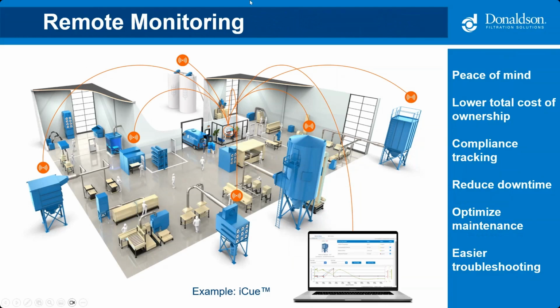We also wanted to mention that many dust collector manufacturers are now offering the ability for operators to monitor their systems remotely. At Donaldson, we call our remote monitoring system IQ, which essentially makes the dust collector smart. This allows customers to maintain their collectors remotely, which could be for a single collector, a single location, or larger companies that have multiple collectors in multiple locations.